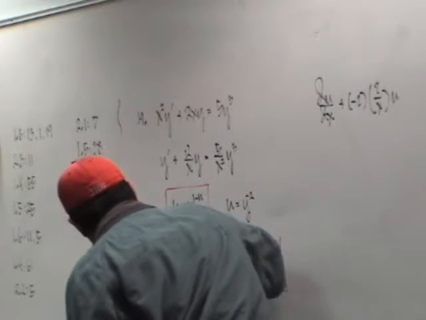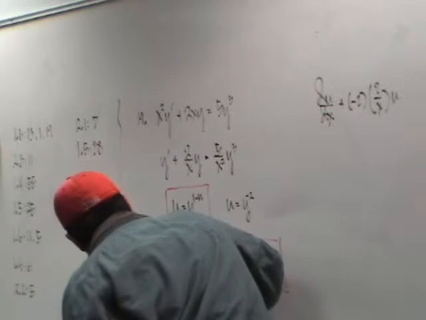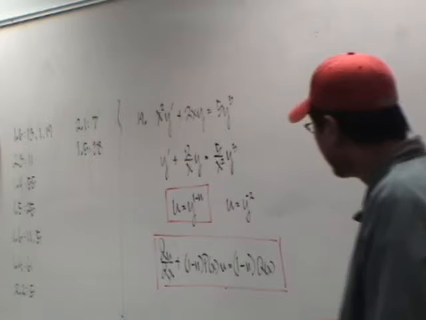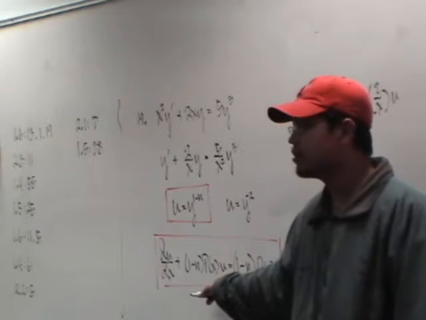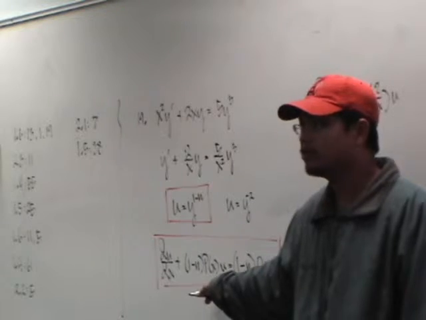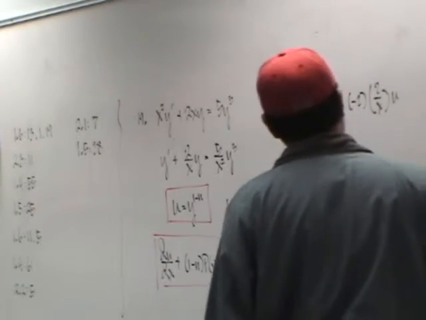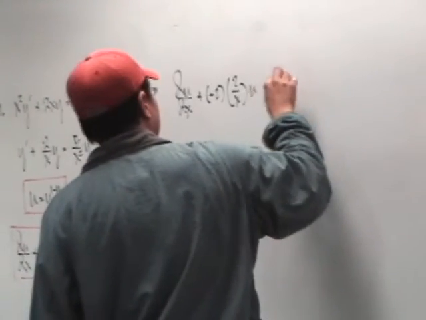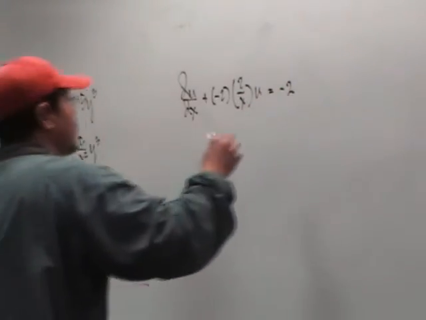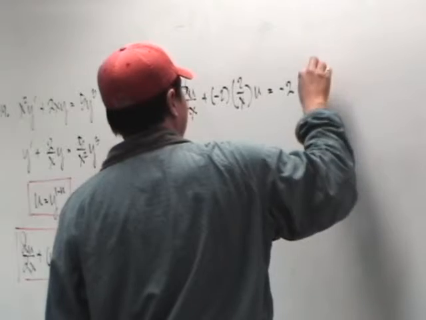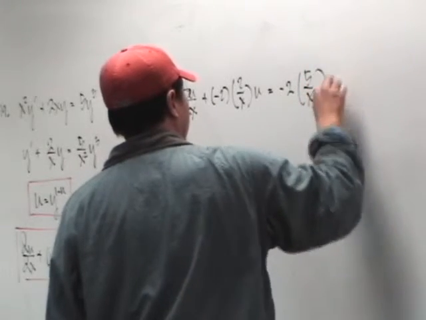Oh, sorry about that, that was not y, it should have been a u. My fault. I made a little change right here. It wasn't y, guys, it was u. So u equal to negative 2 q of x, which is 5 over x squared, like so.